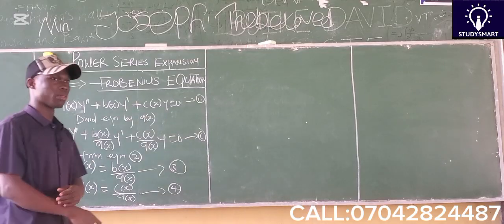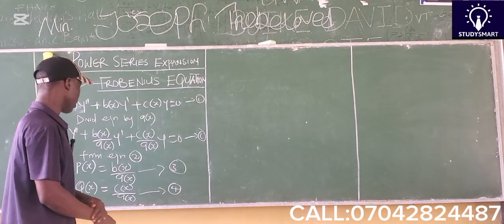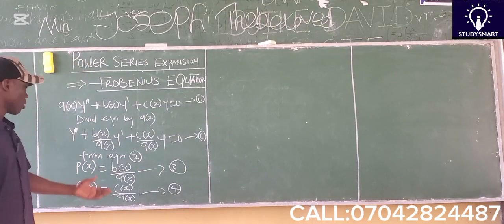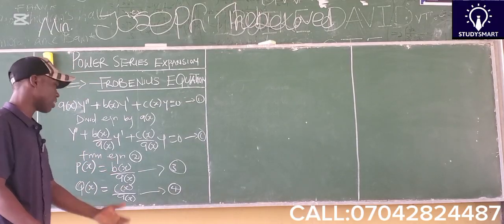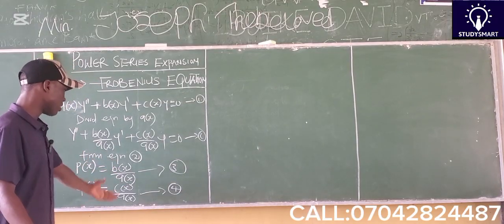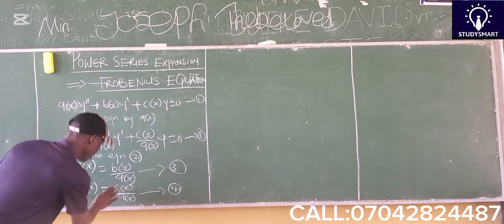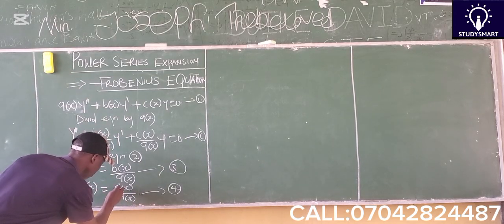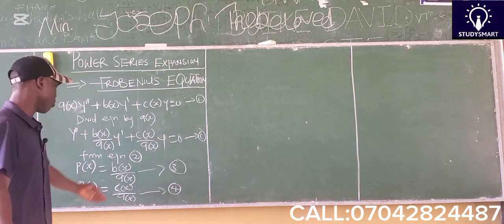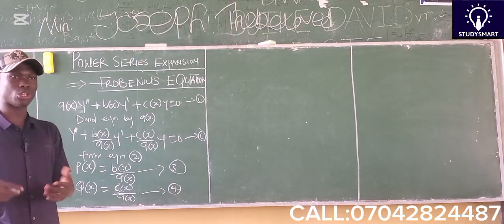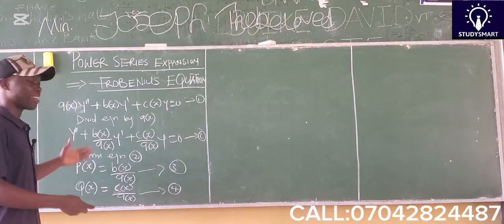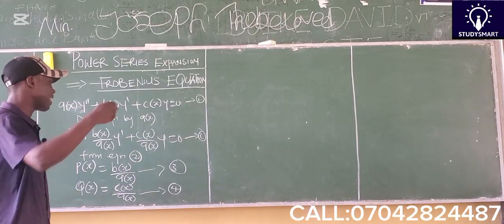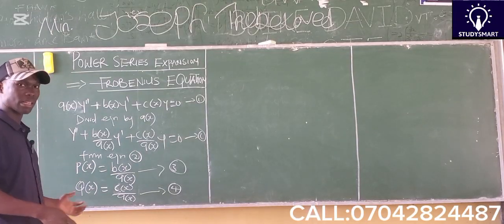You notice something here: b of x over a of x is the same thing as p of x, and c of x over a of x is the same thing as q of x. It means that I can express equation 2 in another form in terms of p of x and q of x.